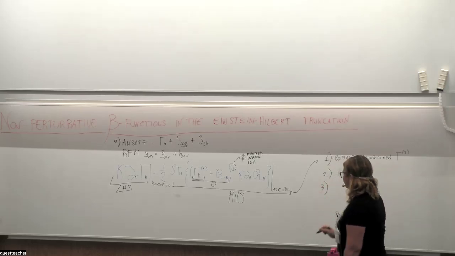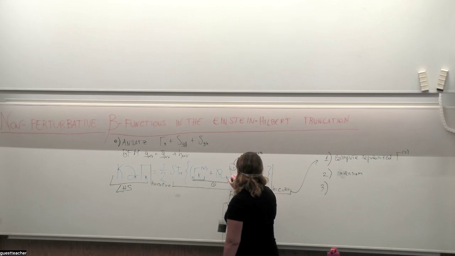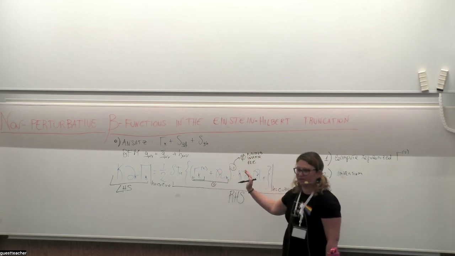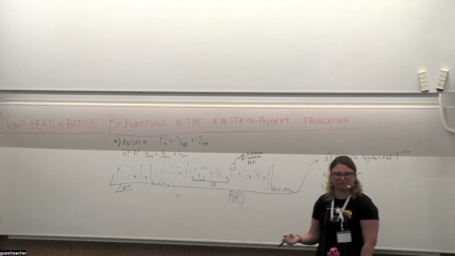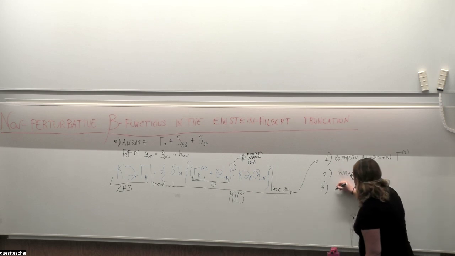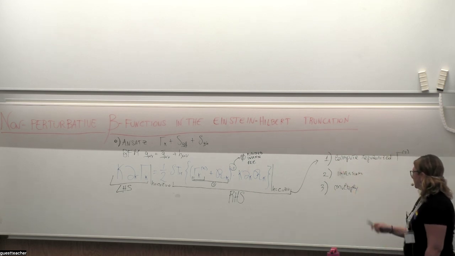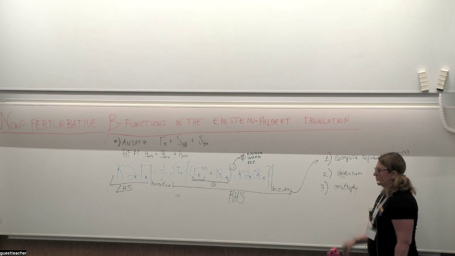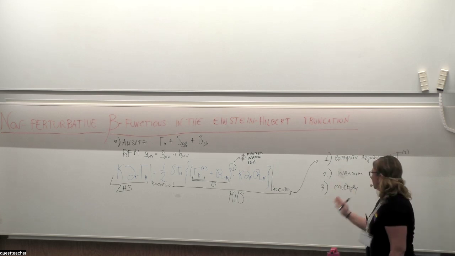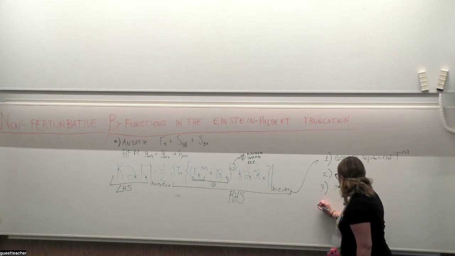Step 3, just multiply these two terms, so the KdK with the modified inverse propagator. And this is independent of what is the content of your theory. It just might take some computational time, but there is no conceptual problem in there.